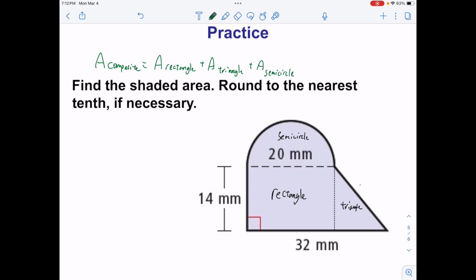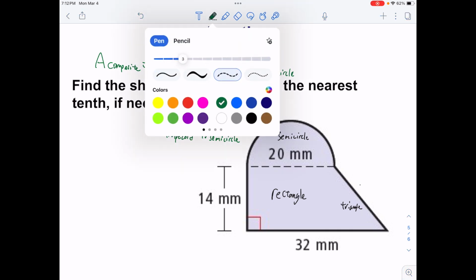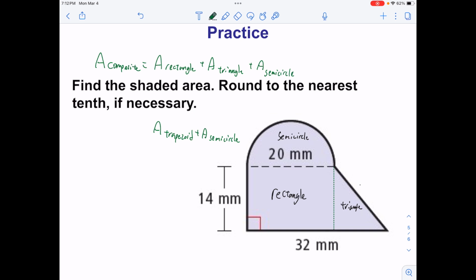And I was alluding to it just a little bit, but that rectangle and the triangle, we can also treat this as one shape if we're familiar with the area of the trapezoid plus the area of the semicircle. To keep things simple, I'm going to just do rectangle plus triangle plus semicircle. So I'm going to deal with that.